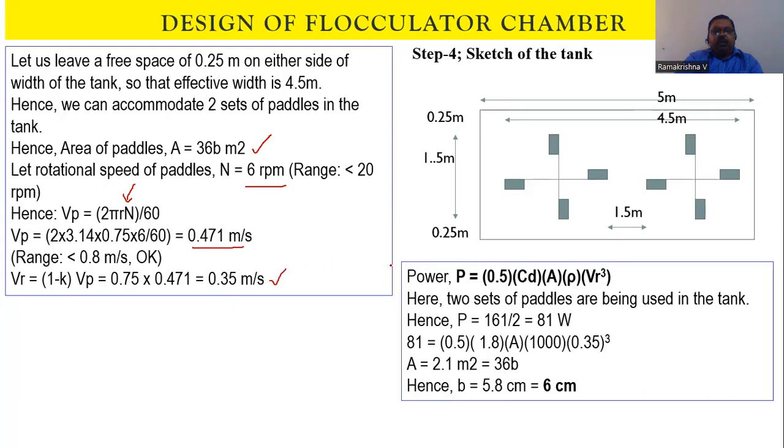So now the power requirement is 0.5 into CD into A into rho VR cube. So now what I am assuming is how many sets of paddles we are going to keep. That is the most important thing here.